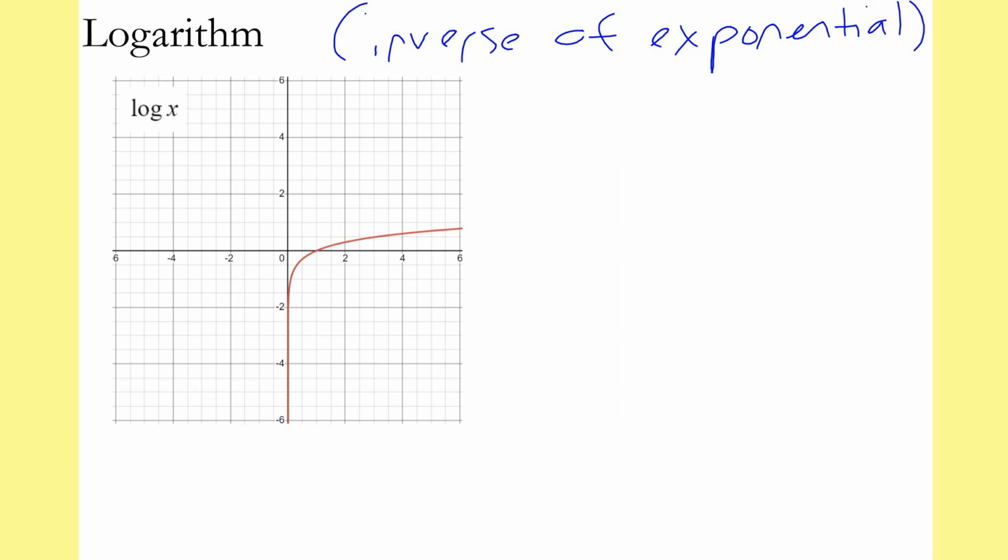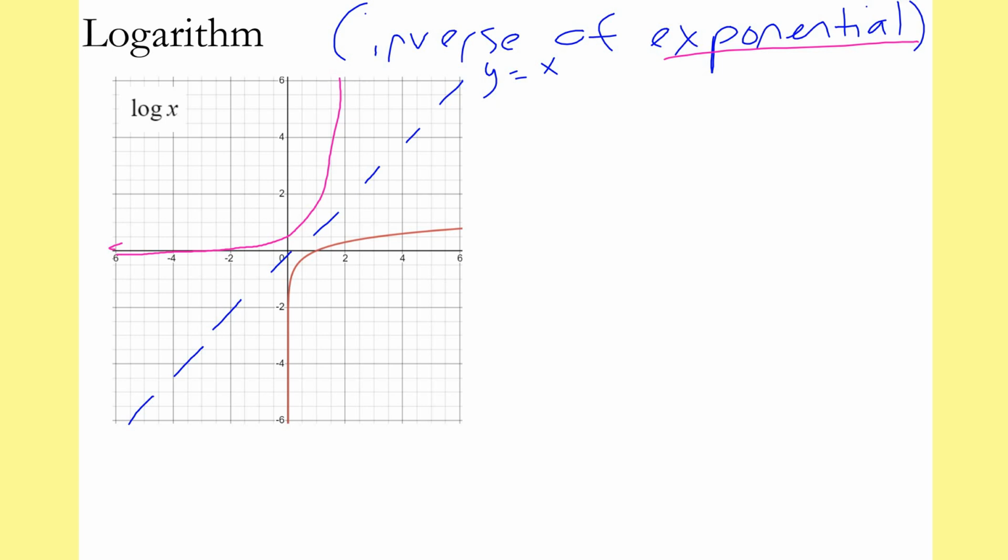And remember, inverse is where y and x are flipped. So if you graph the line y equals x, the exponential graph, remember, looked like this. And if you tilt your head, it's kind of like a butterfly, where that blue line is the middle. Just a neat little relationship there.